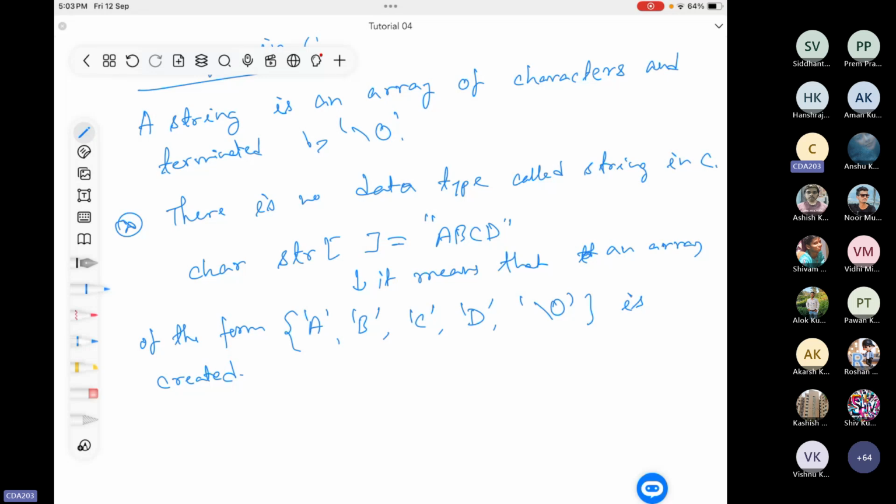I will just write about how you read strings, and then I'll move to the coding area where I will show you how we read strings and use them.